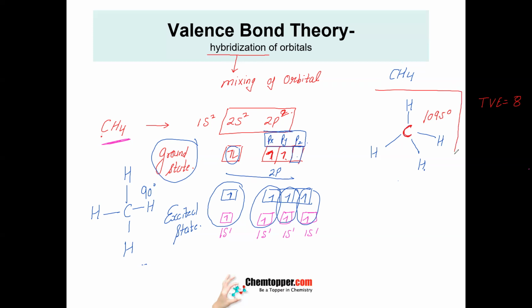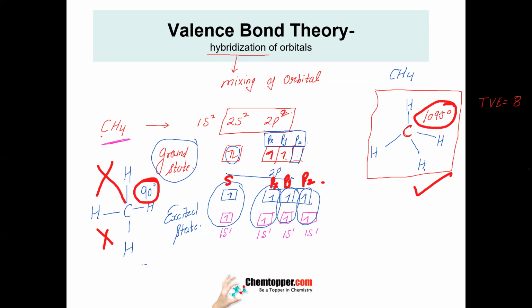Real angle is this. This is the real structure. This is not the structure. Not this one. Not 90 degree. This is wrong. This is right. But how come the angle is 90 degree when the orbitals which are involved are px, py, pz, and s orbital? Sorry, how come the angle is 109.5 degree, not 90 degree? They should be 90 degree to each other.